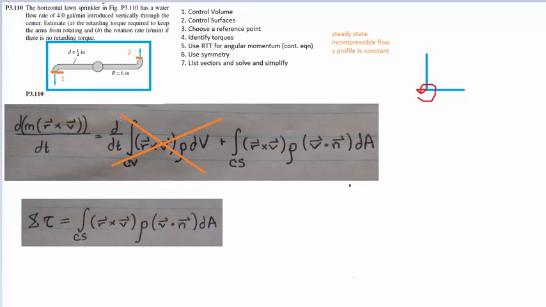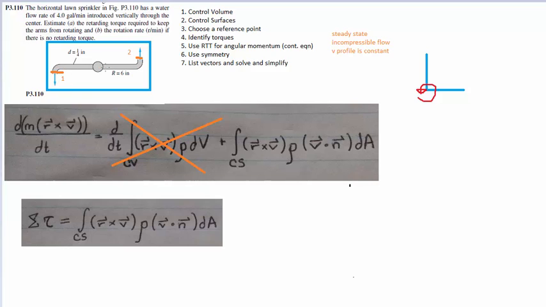Okay, so that goes back to why do you need to choose a reference point? Well, again, because when you generate these torques, they have to be relative to some place. So what that means is I could choose this to be my center of the problem, or this, or this. You're still going to have angular momentum conservation around any of these points depending on where you choose them, but it will change this r vector depending on where you choose it.